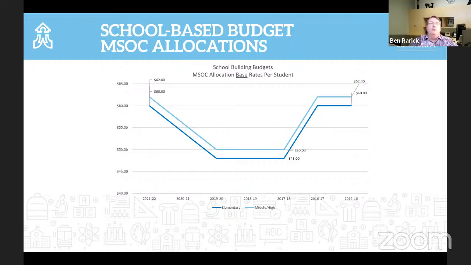And so reflecting the fact that we've kind of restored our financial health, many of you will remember, we had to reduce that MSOC rate pretty considerably there in fiscal year 18. And then we kept it there for a couple years, and now we're all the way back to the rates that we were. So you see kind of a U-shaped recovery, if you will. So school districts are seeing an increase in their budget allocations for non-salary costs next year.